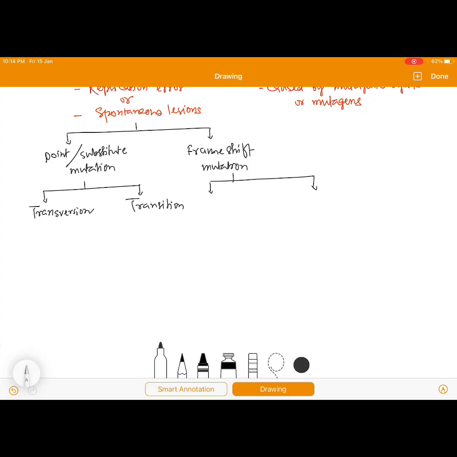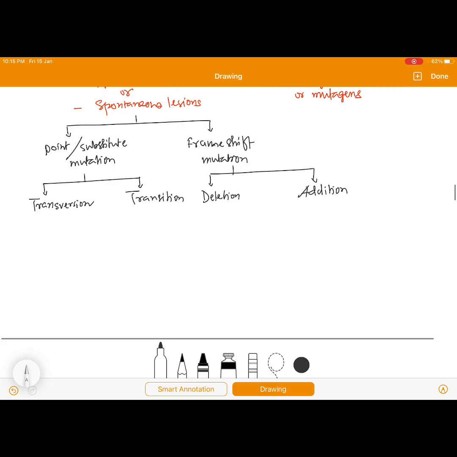So frame shift mutation is of two types: deletion and addition.